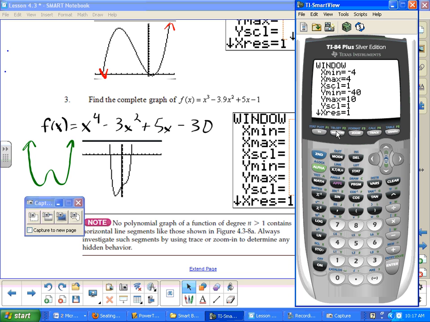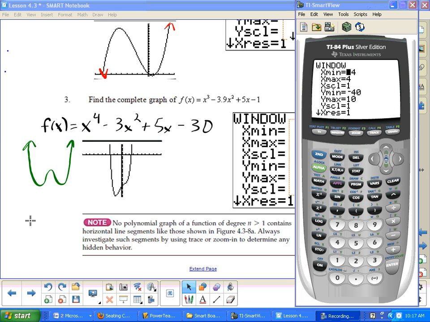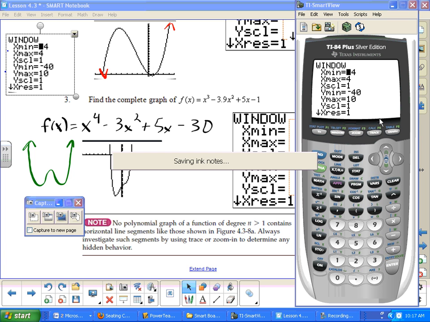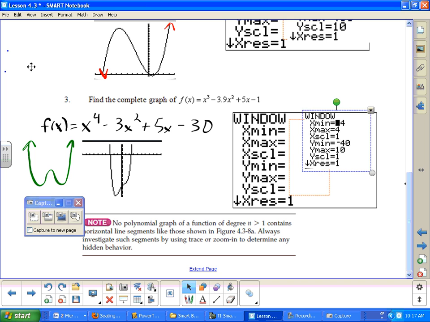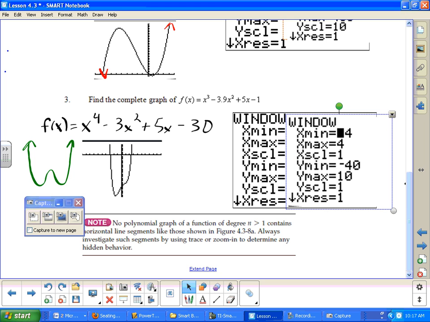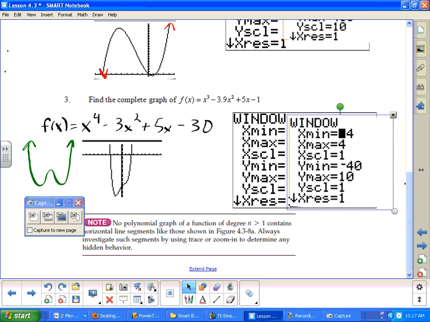So here's my window that would show me all the important features of the graph. So when we're doing a complete graph, we want to make sure we see everything there.